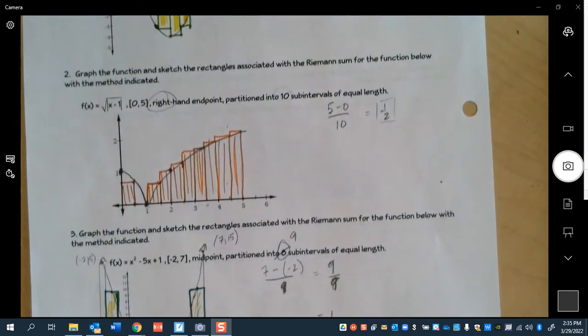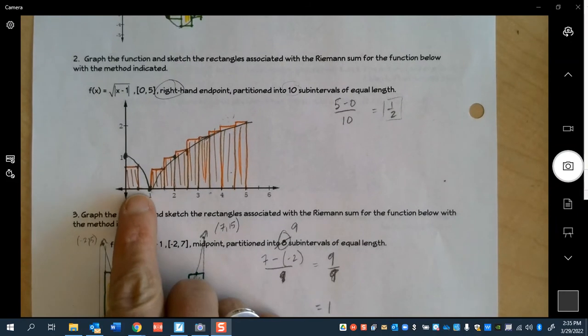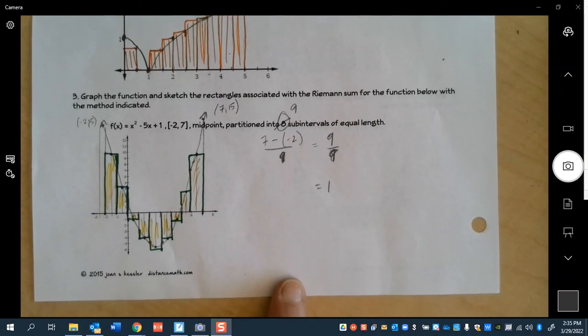All right, so this one's interesting because we had left hand, right hand. This one's interesting because of this 0, so make sure you understand that. Here we changed it to 9 sub-intervals just to keep us on the integer coordinates, but we still had to draw each of the half marks to find the midpoint. And with me, if I'm confused about it, I just draw my vertical lines to the graph, and then I tell myself, is that the left, right?